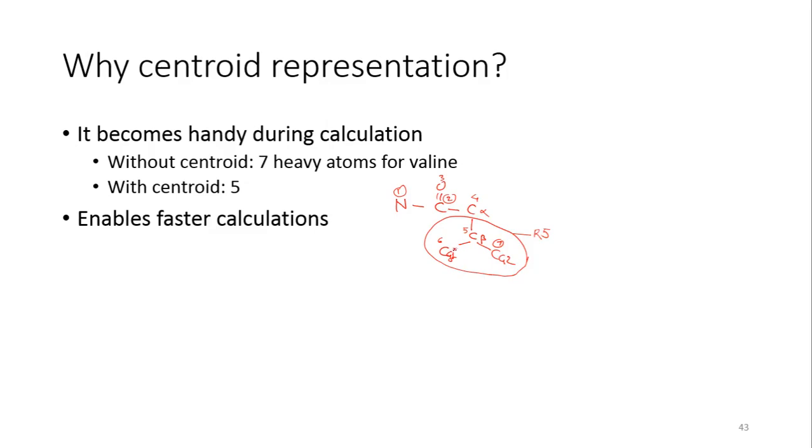We have to deal with only 5 rather than 7. So this would enable you to have faster calculations. Okay, so this is what your centroid representation is, and this is why it is essential that we need some abstract way to represent the side chains, and hence we ended up using this centroid representation.